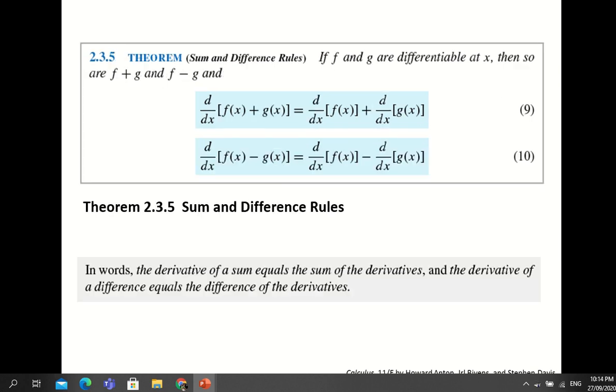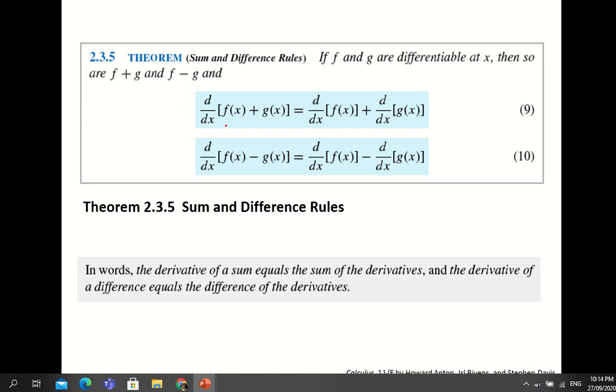Anyway, class, we're just reviewing this part, so I'm a little bit faster at this time, as I've mentioned before. Okay, so another theorem, that is the sum and difference rules. If the function f and another function g are differentiable at x, then so are f plus g and f minus g.